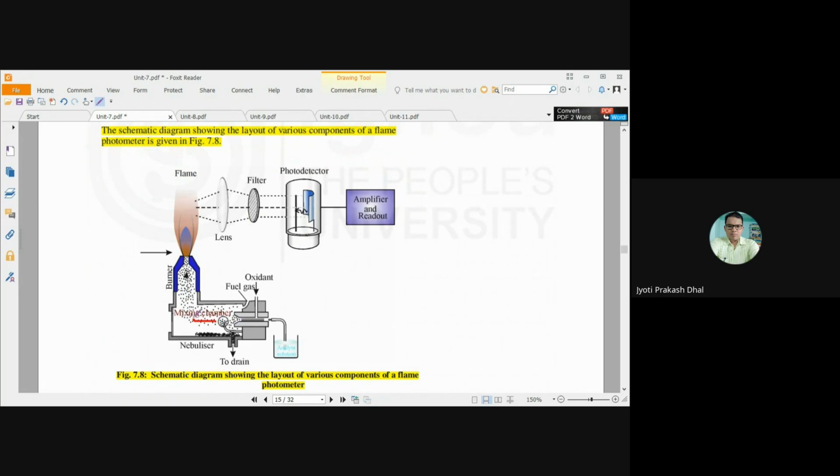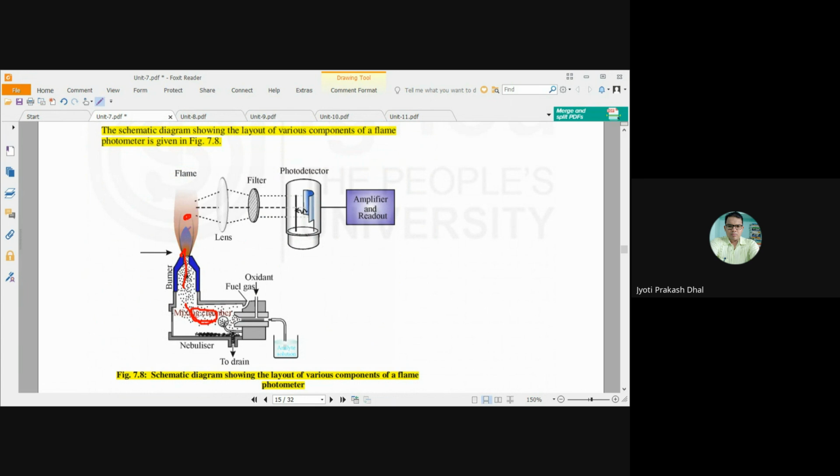So here this is the mixing chamber and nebulizer. From this mixing chamber and nebulizer, the analyte sample in the solution state will be passed into the flame. And here this is the flame, and here this is the hottest zone of the flame.